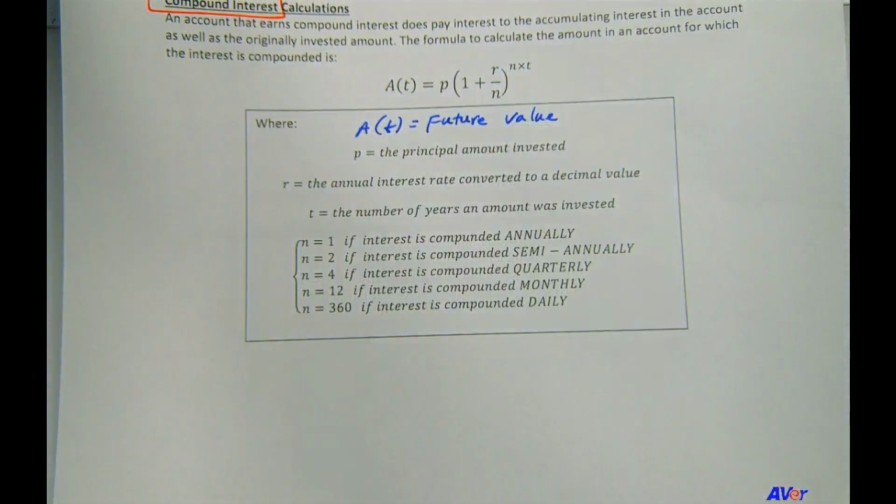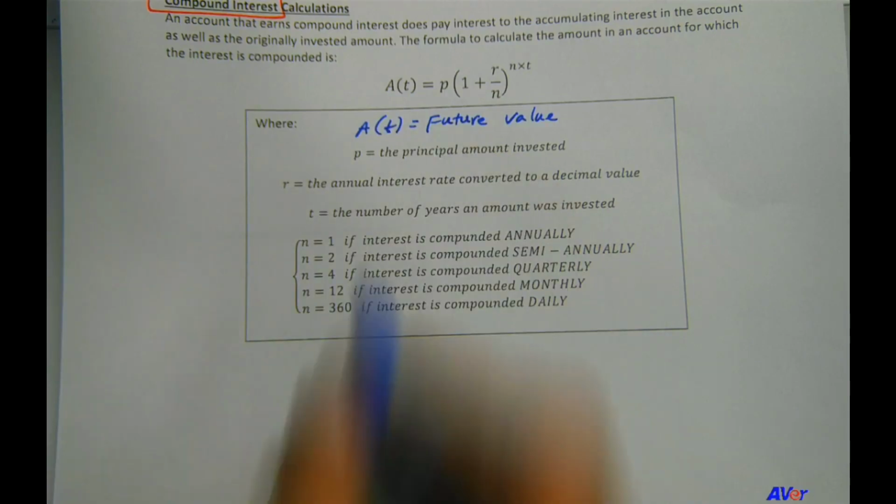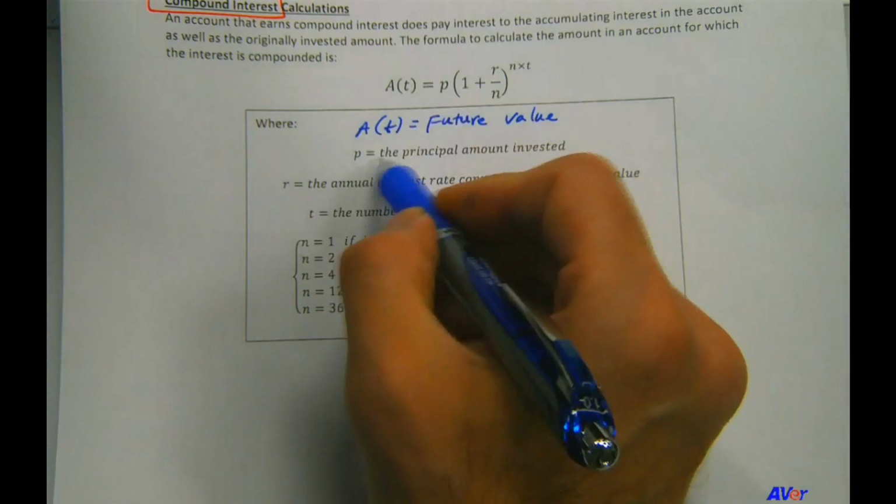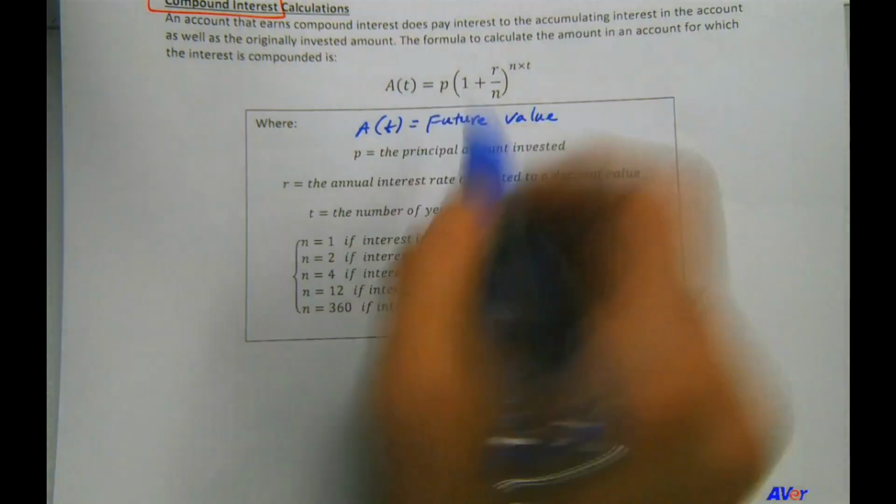Suppose you invest, say, $2,000 now in this compound interest account, and in 10 years, how much will there be in the account? The AT is that future amount that we're calculating. The lowercase p is the principal amount.